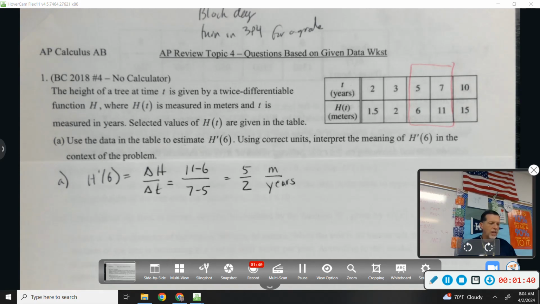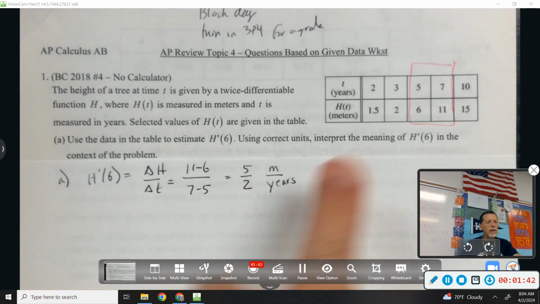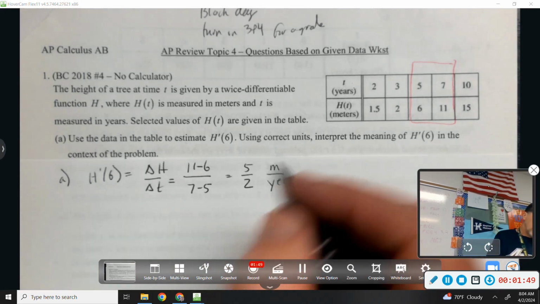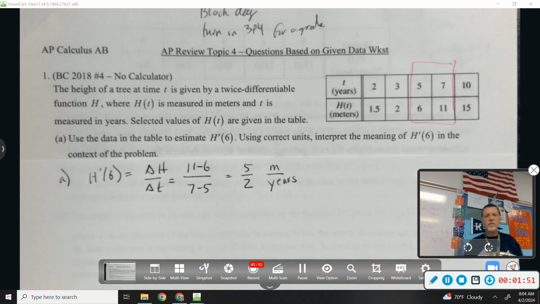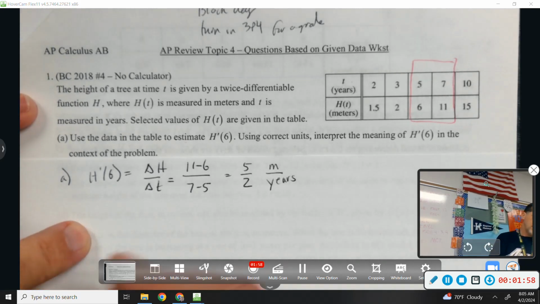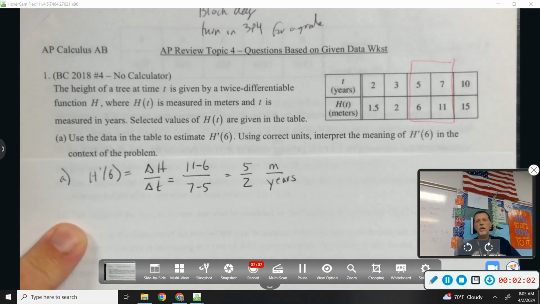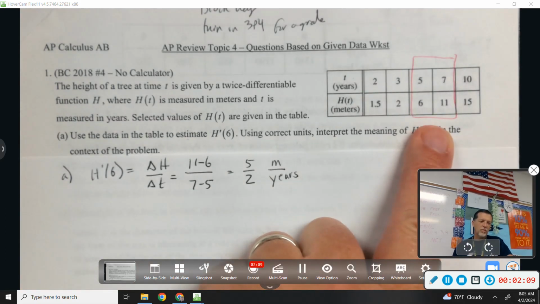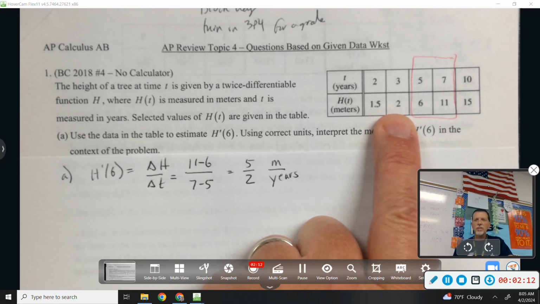Okay, so I've got the right answer, I've got the right units, but now I need to interpret what that means in the context of the problem. So, what does 5 halves meters per year mean? Be careful phrasing it that way. Like the 2 years between 5 and 7, it grew 5 meters, but that's probably not always the case.